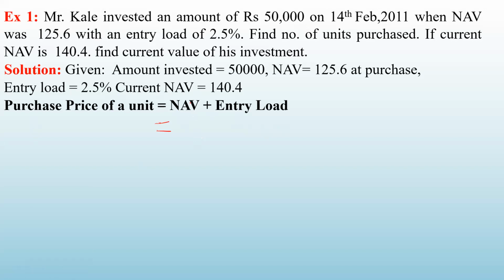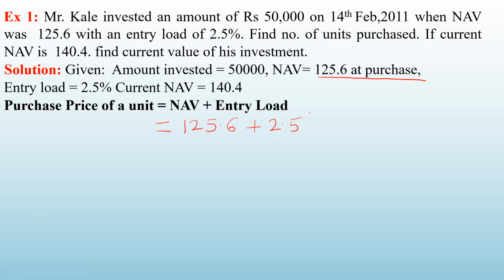What is the NAV at the time of purchase? Look at it, 125.6. What is the entry load? It is 2.5%. So 2.5. Many students just write 2, which is wrong.